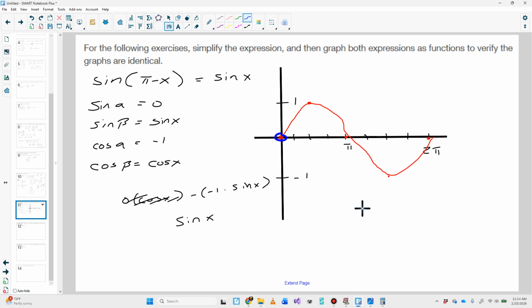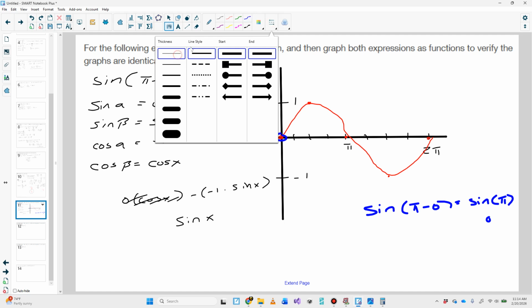So let's just write this down so that you see this. If x is 0, that's going to be sine of pi minus 0. That's going to be equal to sine of pi. And the sine of pi, as we all discovered, is 0. Okay, let's shrink this thickness down a little bit.